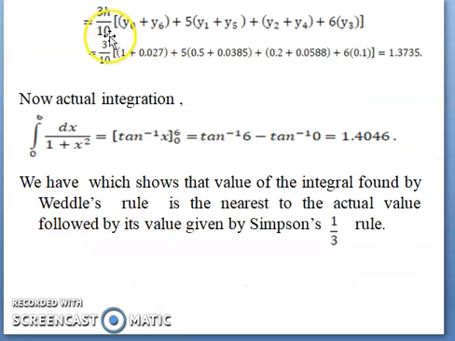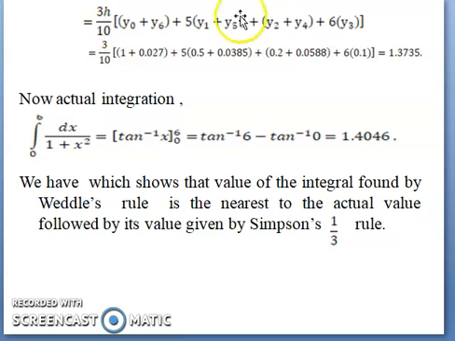Here, 3h by 10 times the sum of extreme ordinates, y0 plus y6, plus 5 times the second from the beginning and second from the end, that means y1 and y5, because the last one is y6 and the second last is y5, plus y2 plus y4, plus 6 times y3.